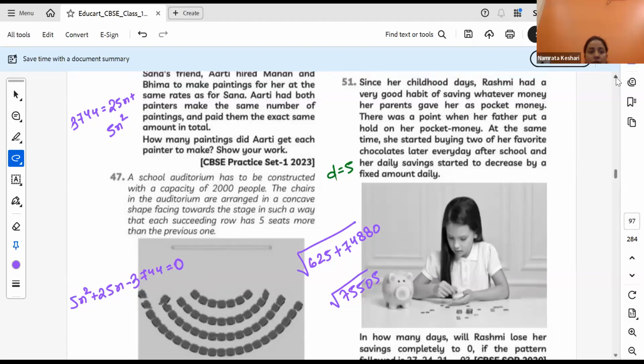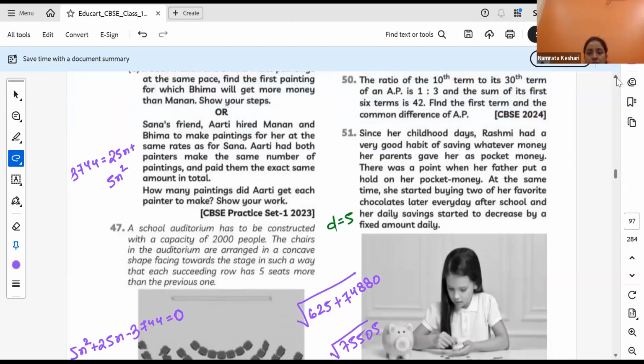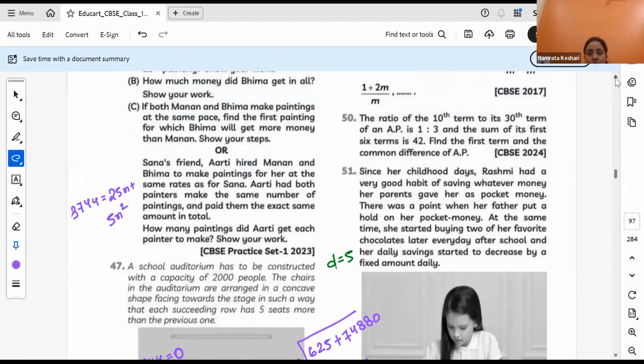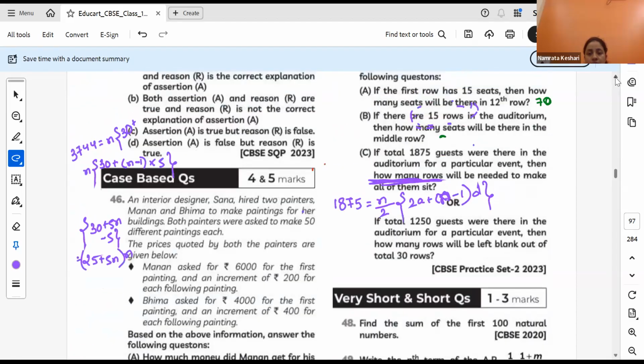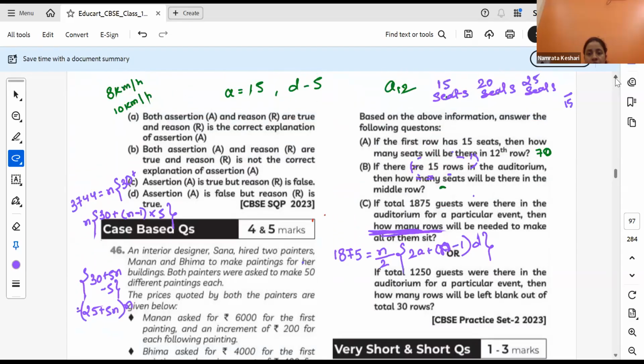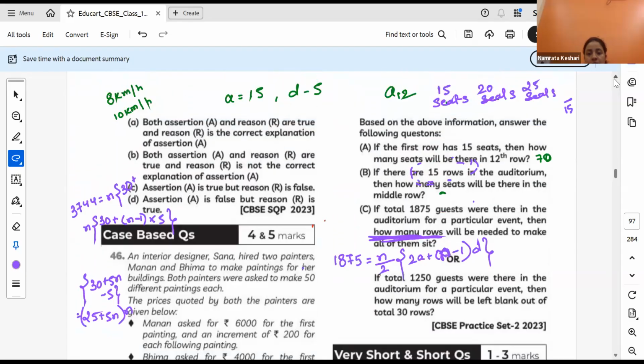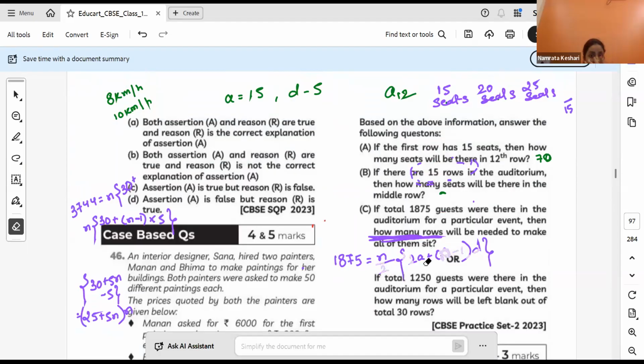Are you getting the same quadratic equation, Ritvika? Ma'am, I'm still doing it. I got stuck in the middle. Let me check if I'm making any mistake, because this quadratic equation is huge and nothing is getting cancelled out over here.